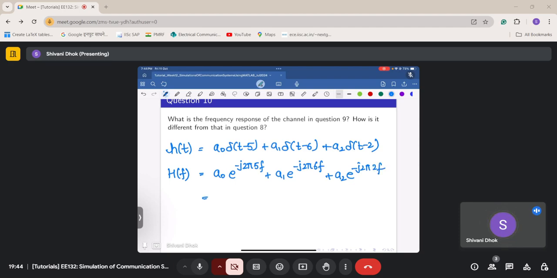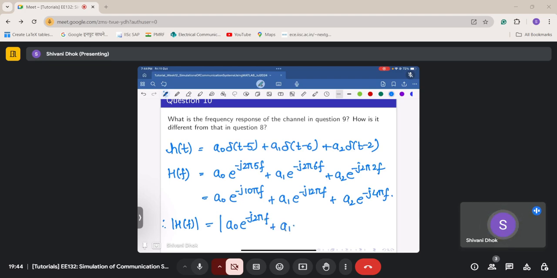So we get a0 e power minus j 10 pi f plus a1 e power minus j 12 pi f plus a2 e power minus j 4 pi f. And therefore the magnitude of h of f will be the magnitude of this sum.